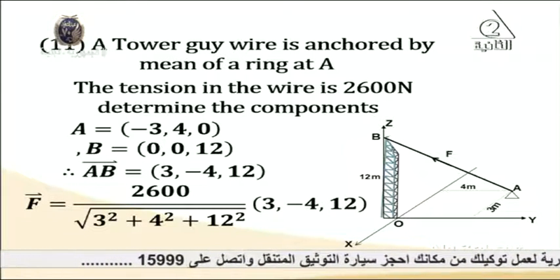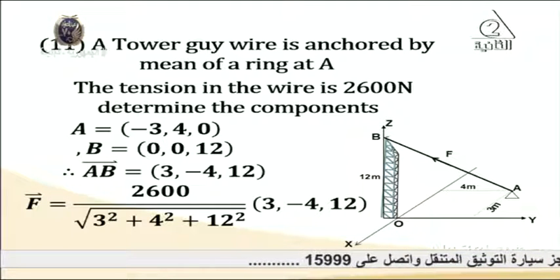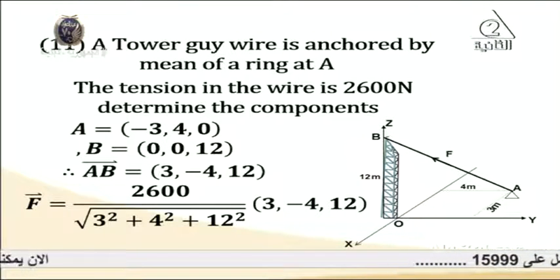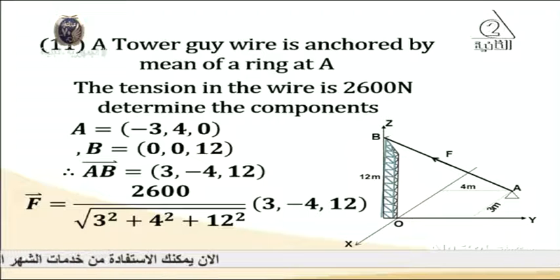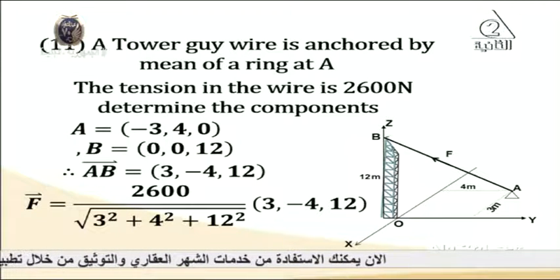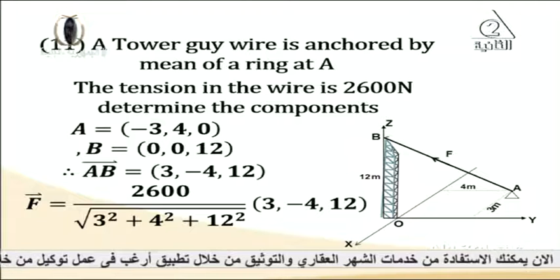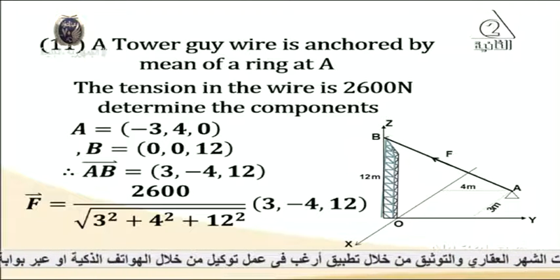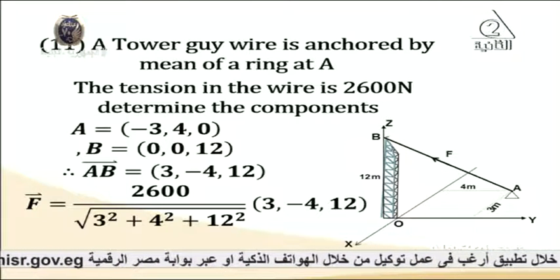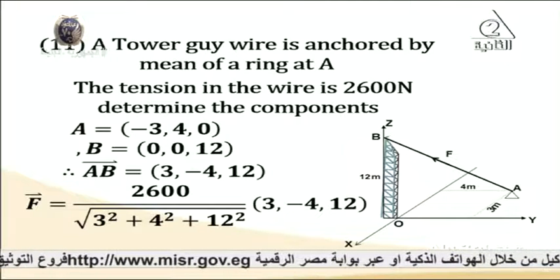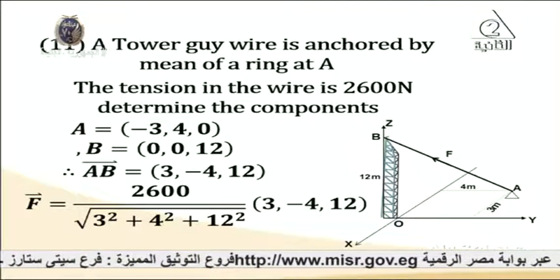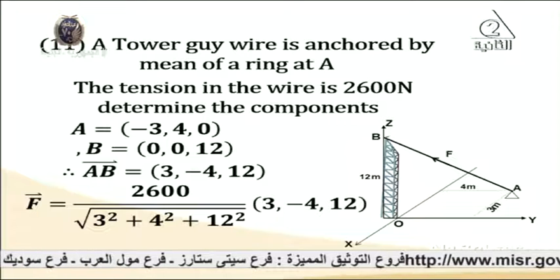In this example, at first the AB vector must be found. What is the AB vector? Because the vector F equals norm F over norm AB times vector AB.